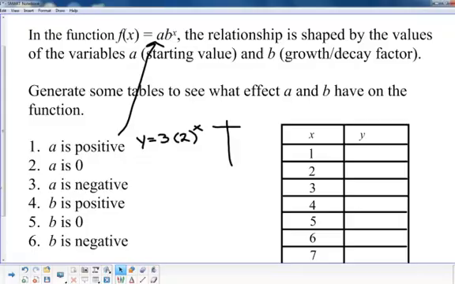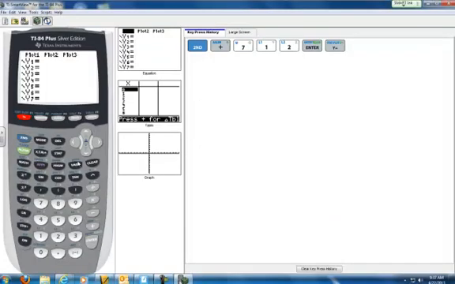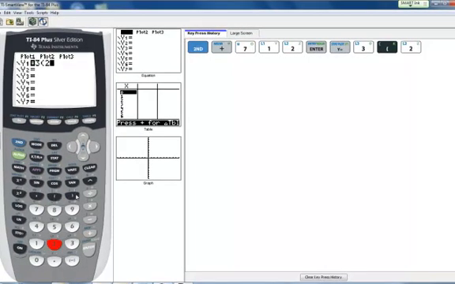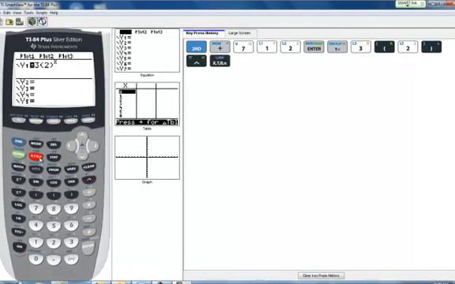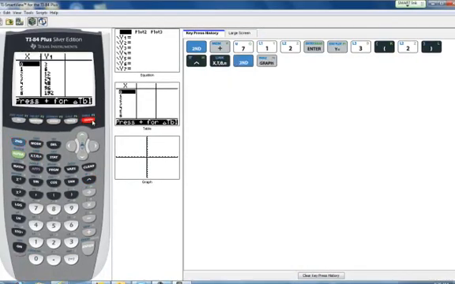I'm just going to do this on the calculator. So if a is positive, so let's make a 3 times 2 to the x. So if you look at a table of this, we start at 3, and then we're constantly doubling.